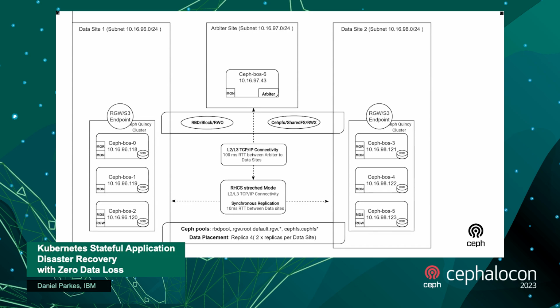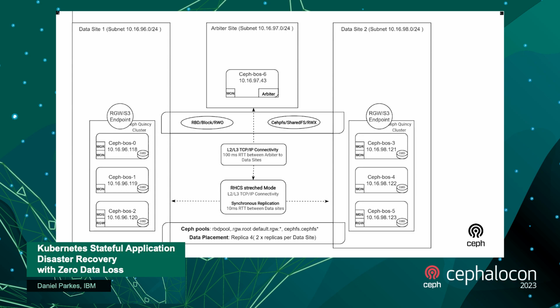Currently, when we are working with Ceph in a stretch mode, replica 4 is needed. Erasure coding, for example, is not supported. So we need to take into account that in the end it is an expensive solution. We have 4 copies of all of the data, but that's what we have to work with if we really want to protect our critical data in a synchronous way.